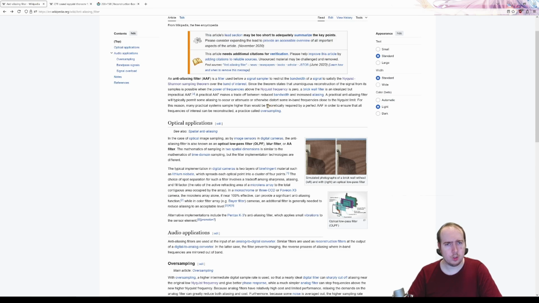So originally, anti-aliasing comes from trying to avoid aliasing artifacts, where if you have a repeating pattern that has a higher frequency than half the pixel frequency, you get these wavy patterns that aren't actually there in the original image.